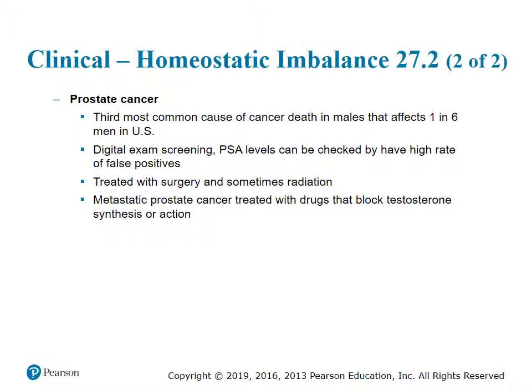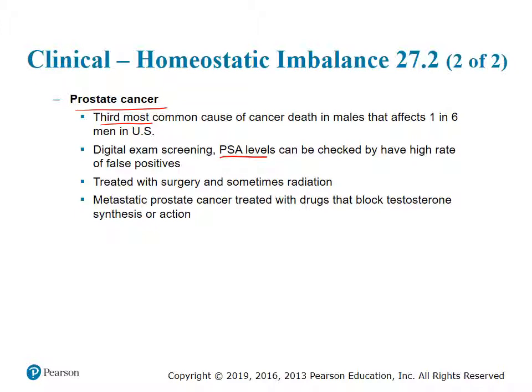All right, so let's talk about prostate cancer. Third most common cancer in men, right? One out of 6 men in the U.S. experience prostate cancer. So there is a preventative screening of cancer where they palpate your prostate, and look at prostate antigen that gets secreted by your prostate.